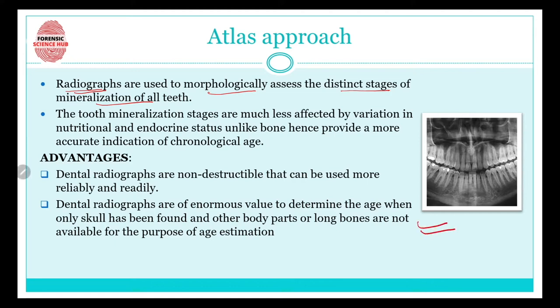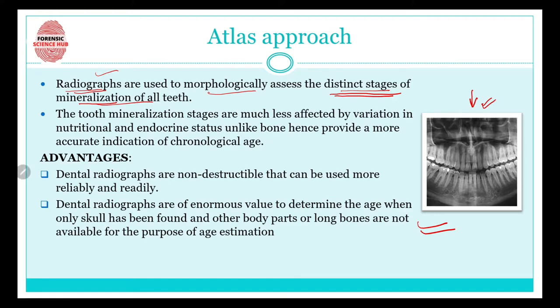This picture is a radiograph of teeth, and with the help of these, the odontologists study the various stages of mineralization of teeth. So which stage the person's teeth were in, we can determine that, and on the basis of that, the age of the person can be estimated.